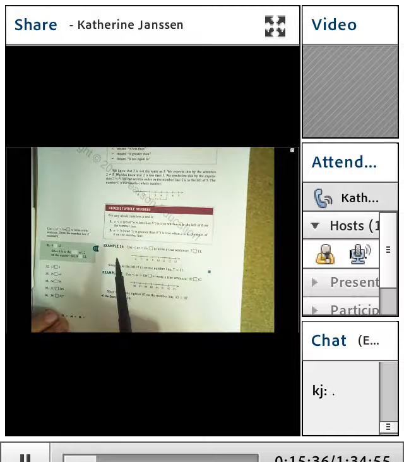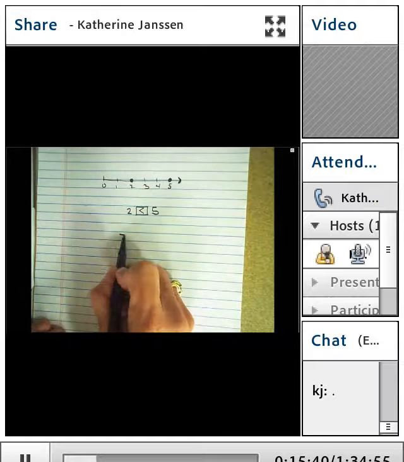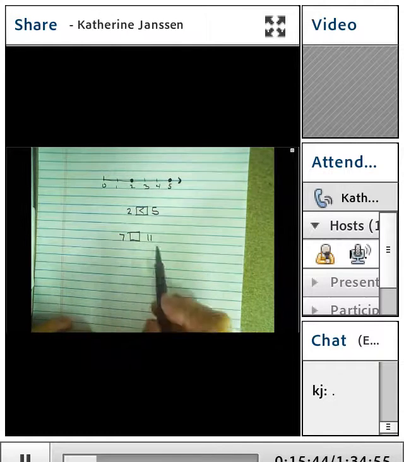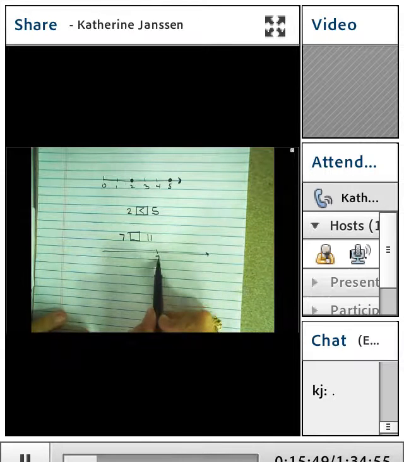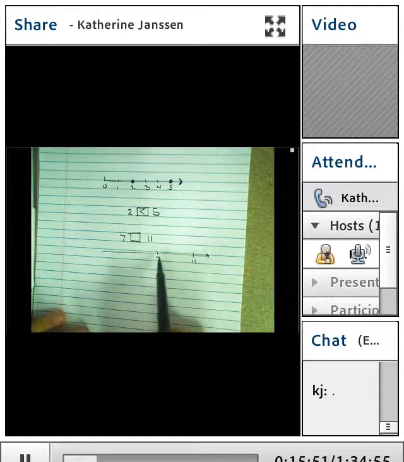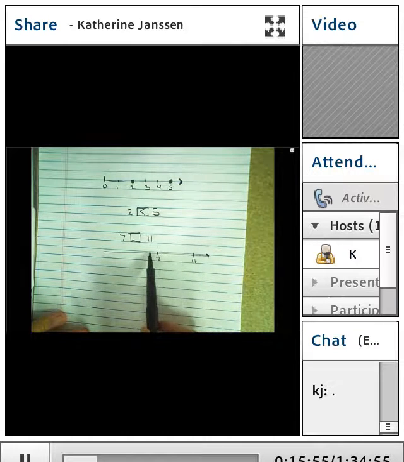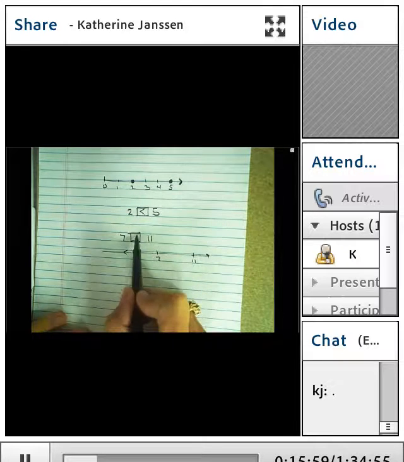So example 14, we're going to compare 7 to 11. On our number line, 7, and here's 11. 7 is to the left of 11, so 7 is less than 11.